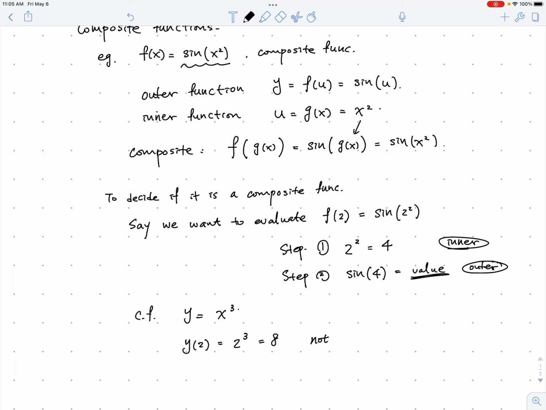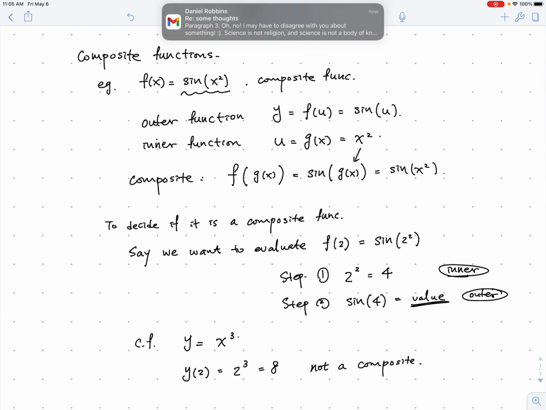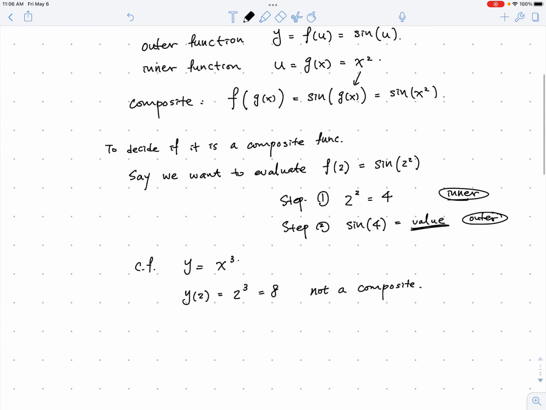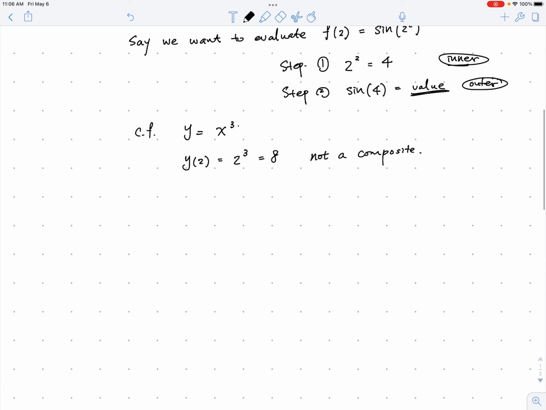So this is not a composite function. We discussed this when we talked about the chain rule, so you can go back and review that part. But this is just a quick review.